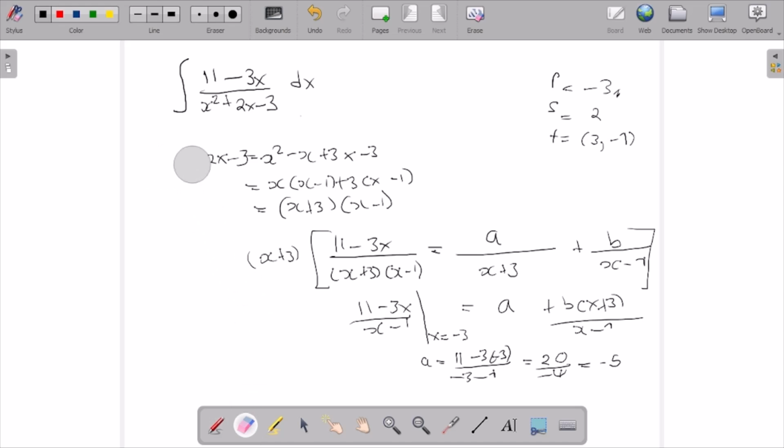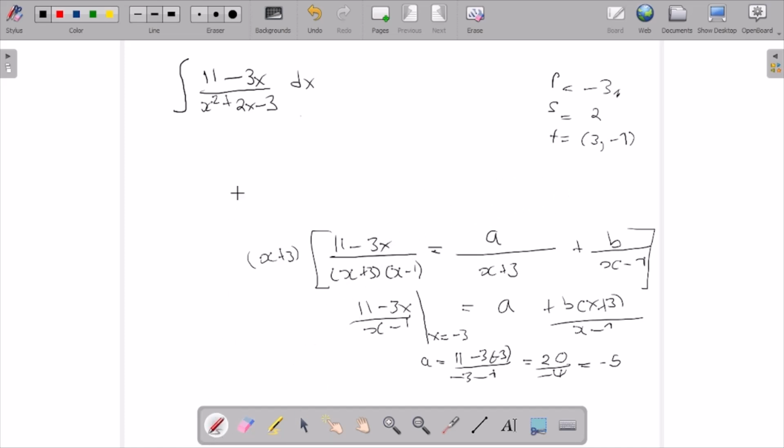So we'll do the same for b, but we'll now multiply by the denominator x minus 1 throughout. All right, so we'll have x minus 1 multiplied by 11 minus 3x over x plus 3, x minus 1, equals a over x plus 3 plus b over x minus 1.